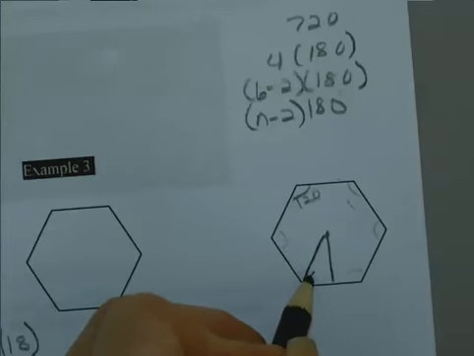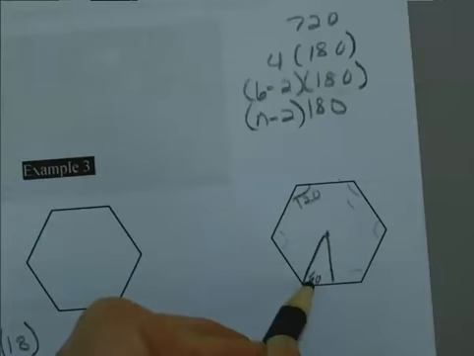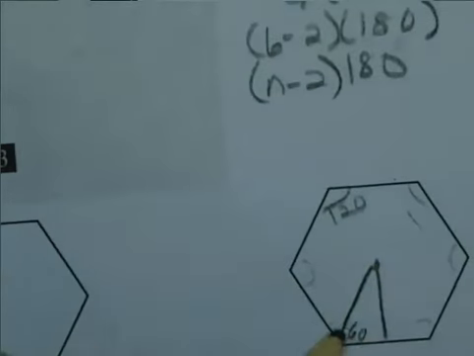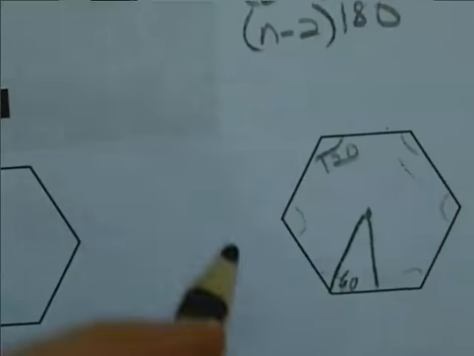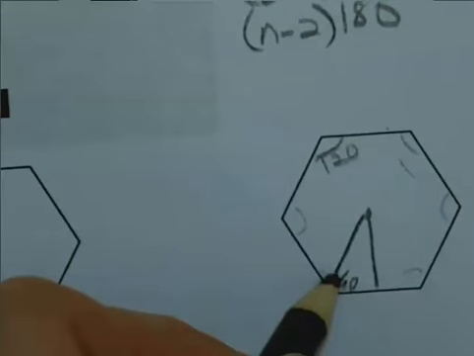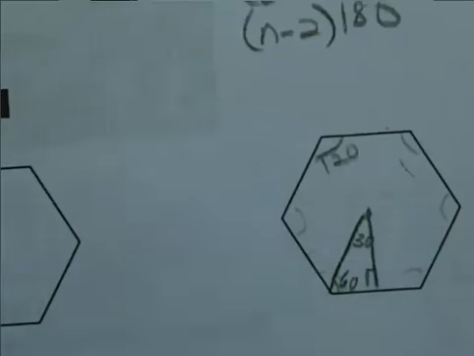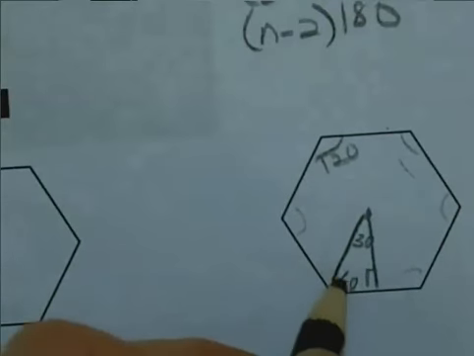So if this entire angle is 120, it's going to get split to be a 60, because you're only going to use half of it on this inside. Here, that should help you. So this inside portion is 60. Here's 30, and there's 90. Let me make that a little clearer.